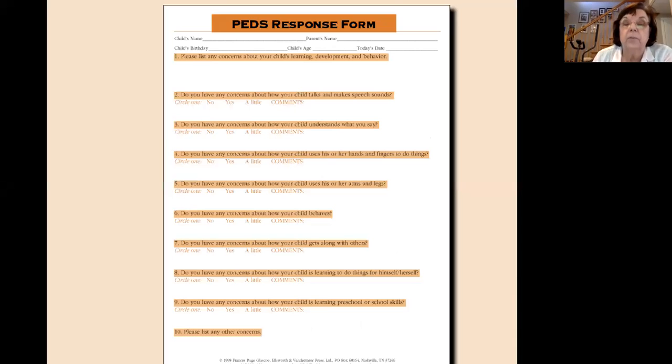So here is the form. This is it for all age groups. First, you have the parent list any concerns they have with child's learning, development, or behavior. Then they systematically go down. Do you have any concerns about how your child talks, makes speech sounds, understands what you say, uses their hands or fingers, so that's fine motor, uses their arms and legs, gross motor, how your child behaves, that's for behavior, gets along with others, social.